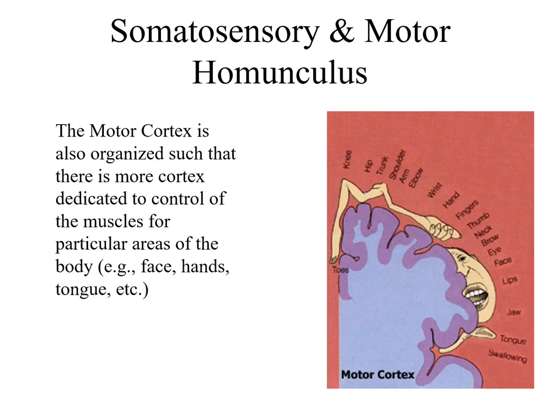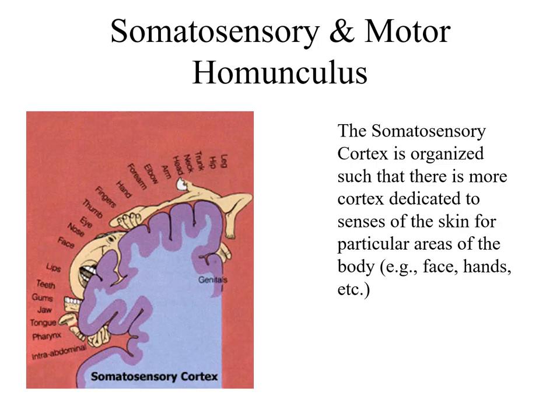Motor cortex is also organized such that there is more cortex dedicated to control of the muscles for particular areas of the body. So if we have more cortex dedicated to a certain part of the body, we're going to be able to control it more, right? Just like back here, more cortex means that it has more sensation information.